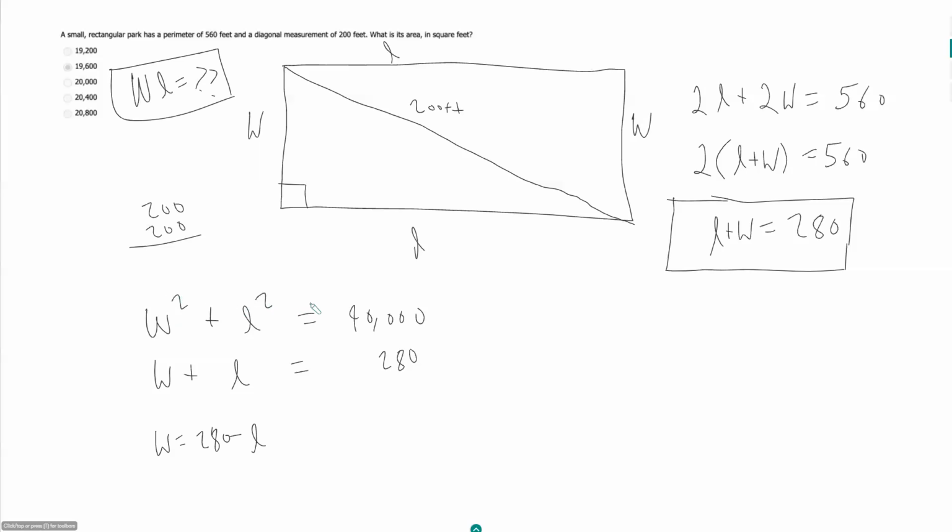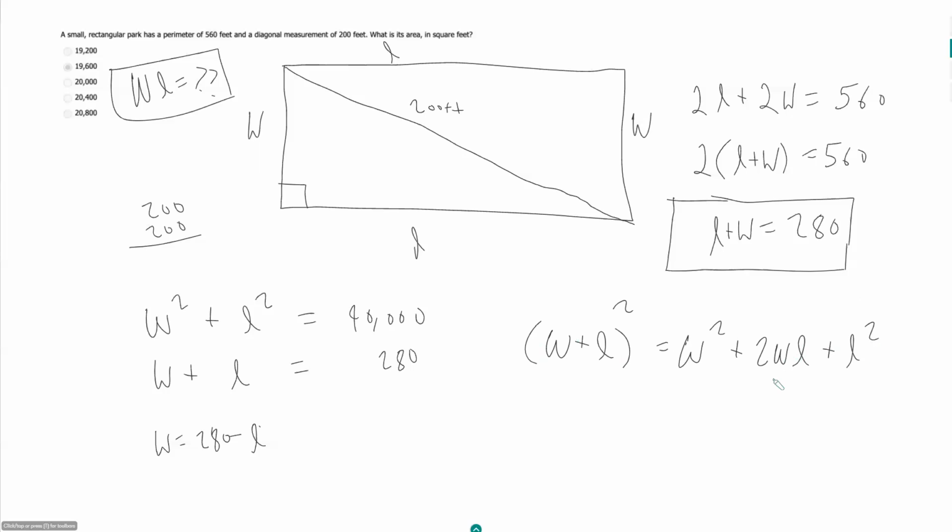So I'm trying to look for another way I can solve for WL. One thing I see is, I know what W plus L is. And if I have something in the format A plus B, W plus L squared should be equal to W squared plus 2WL plus L squared.